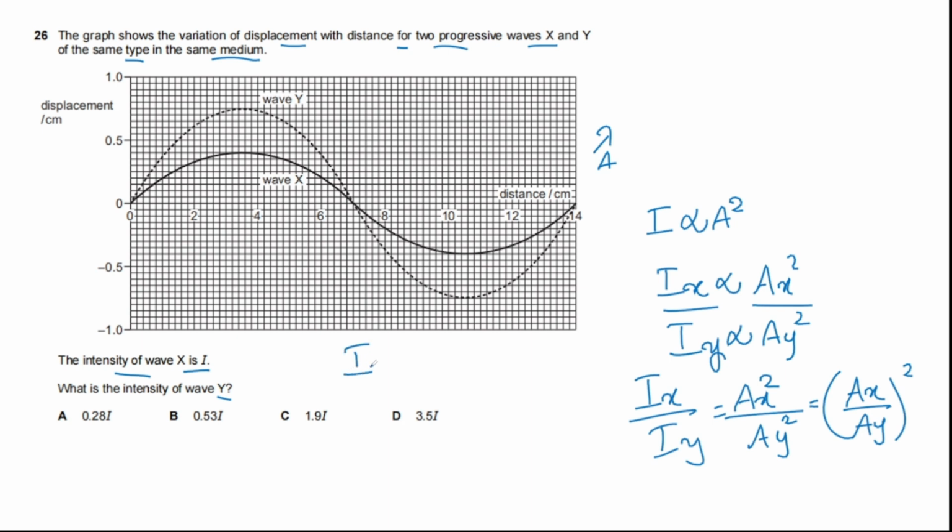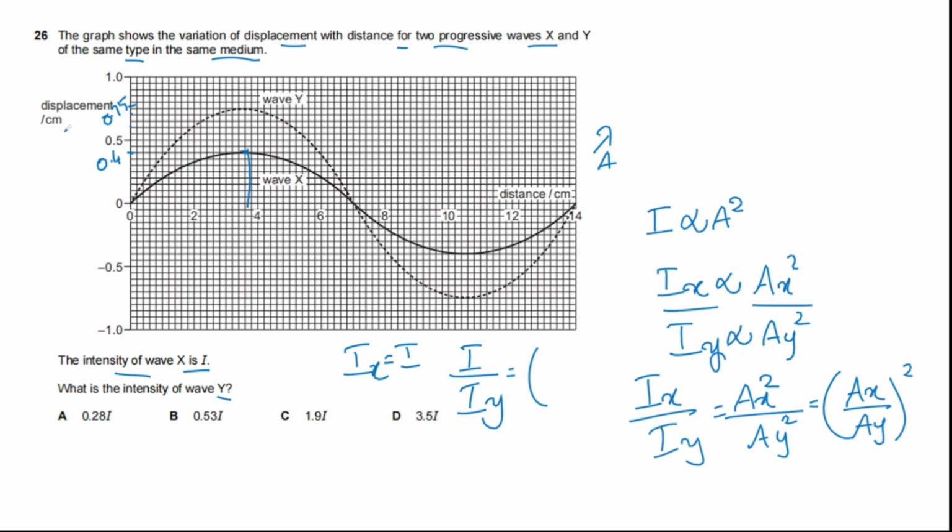Ix is given as I. So considering the formula, it will be I divided by Iy is equal to ax, which is the value from this point to the maximum. Maximum displacement is the amplitude. The maximum point is here, which is 0.4. And for Y, it is this point, which is 0.75.